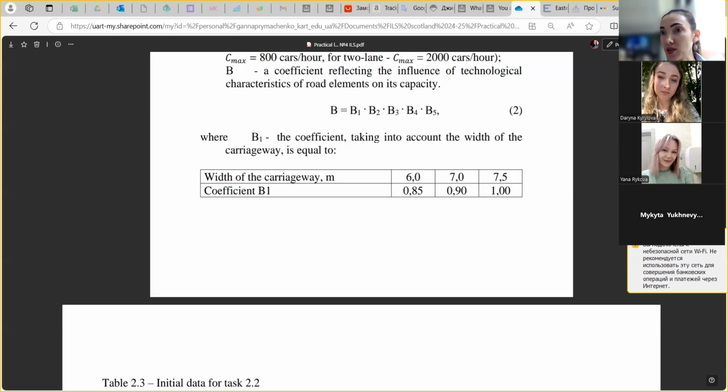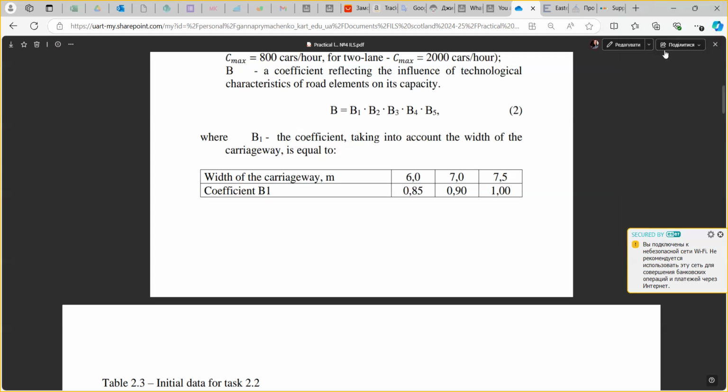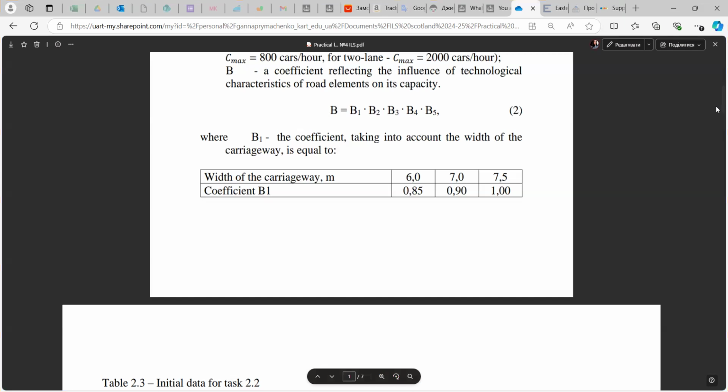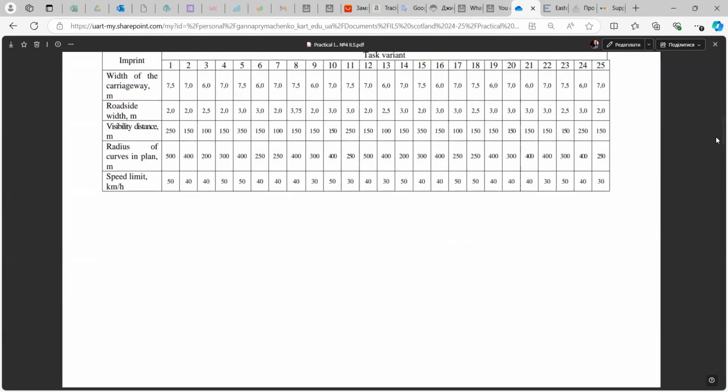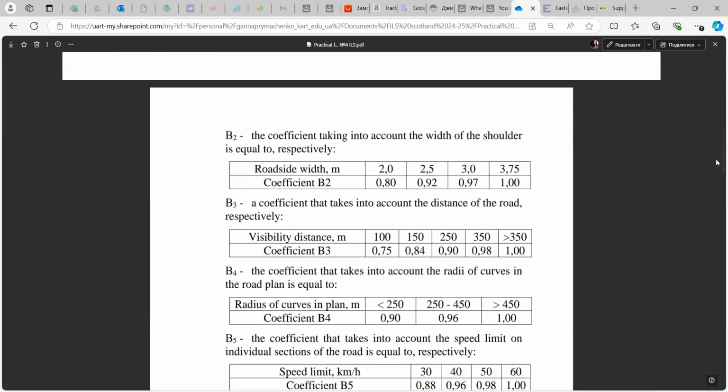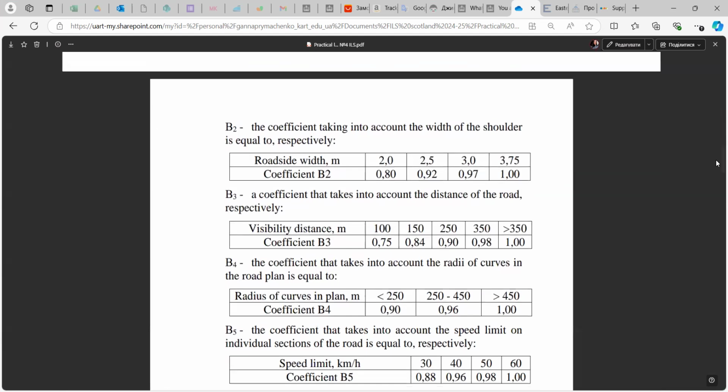Okay, and now we need to find coefficient b with index 2. All is okay. Maybe some internet connection problem is hindering us.